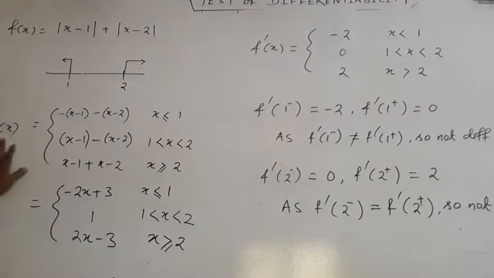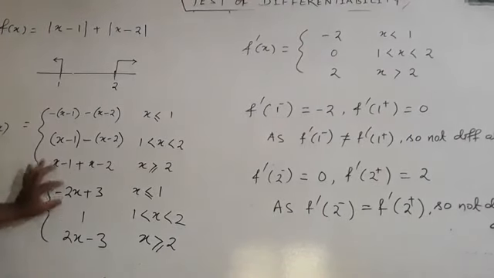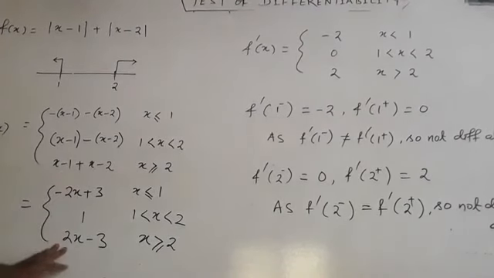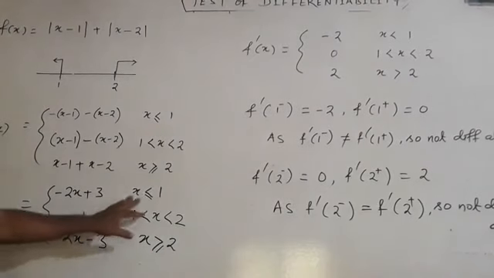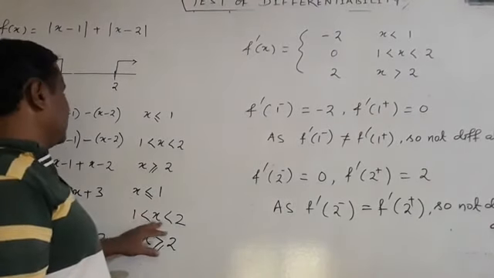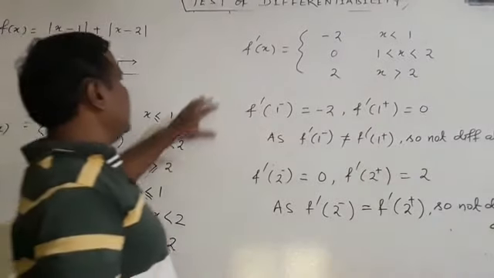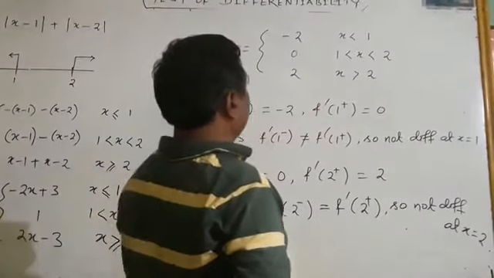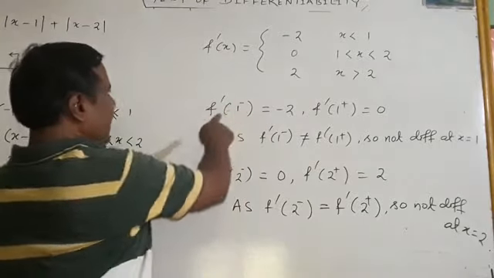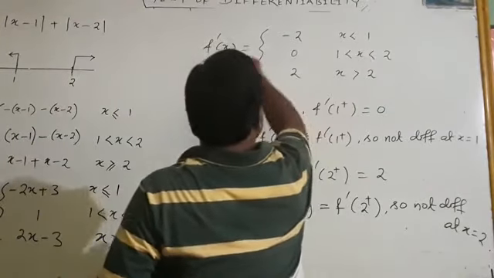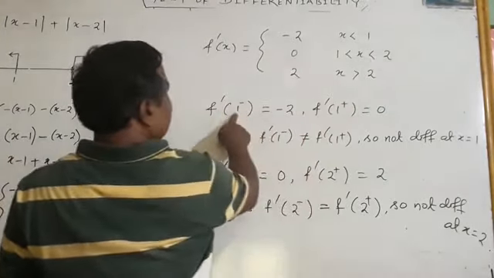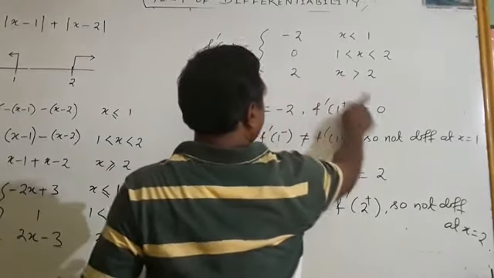Now what is f dash x? Its derivative is minus 2 when x is less than 1, 0 when 1 is less than x less than 2, and 2 when x is greater than 2. Now f dash 1 minus, when x is slightly less than 1, is minus 2. When x is more than 1, it becomes 0.